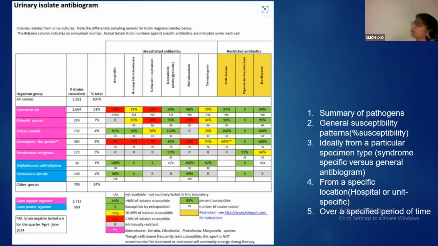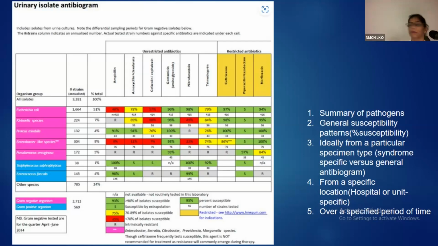So in the picture, you can see there is a big color-coded chart. This is an antibiogram. It specifies that it is for the urinary tract isolates only. In the pink and blue on the extreme left column, you can see the pathogens which have been isolated from urinary tract infections and the various susceptibility rates to various antibiotics. The susceptibility rates are mentioned in percentages and they are color coded as well.